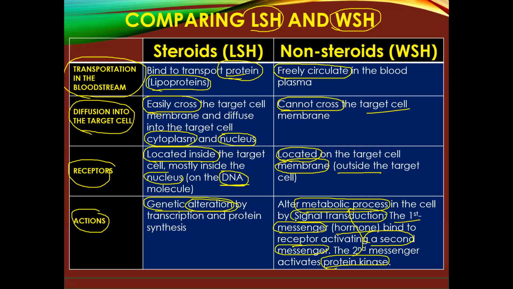So the water-soluble hormone alters the metabolic process through signal transduction. These are the differences between lipid-soluble hormones and water-soluble hormones.